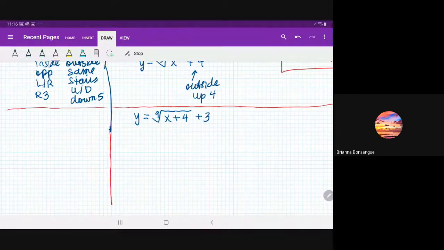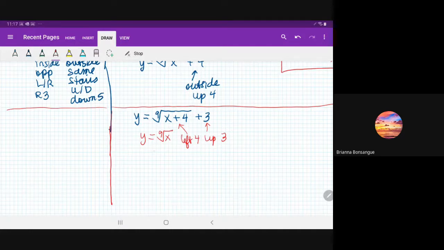Okay, so my parent would be the 9th root of x. And then which way would this one move? What do those two things do? Up 3, I agree. Left 4, I agree.